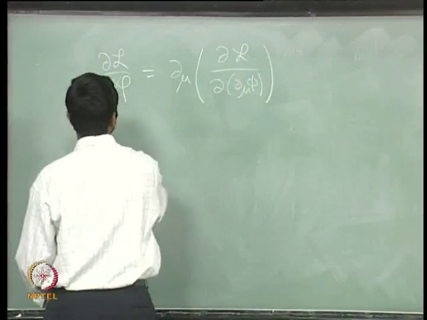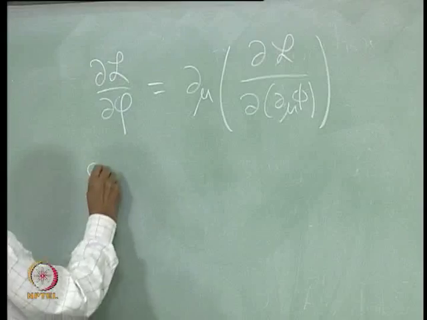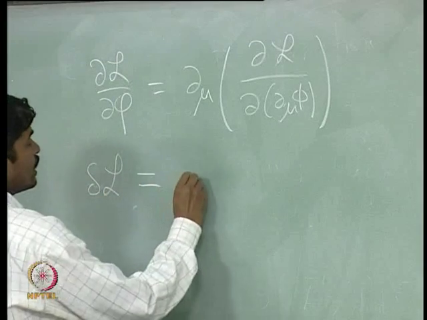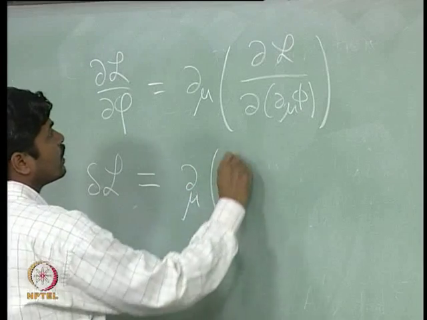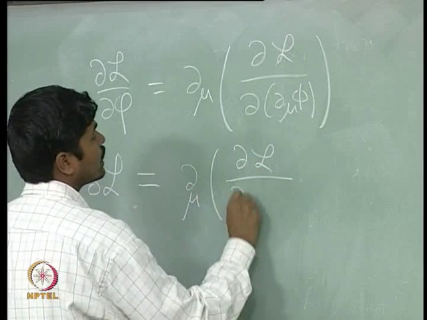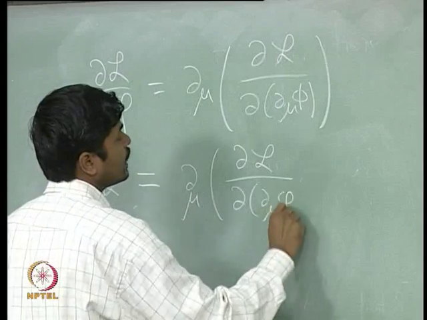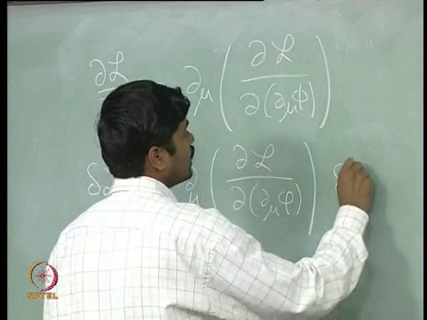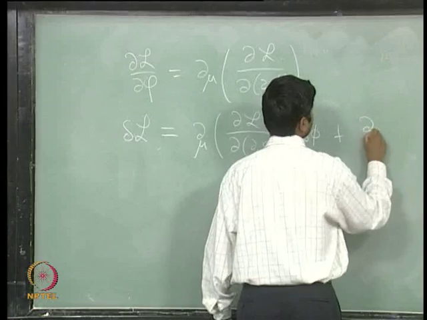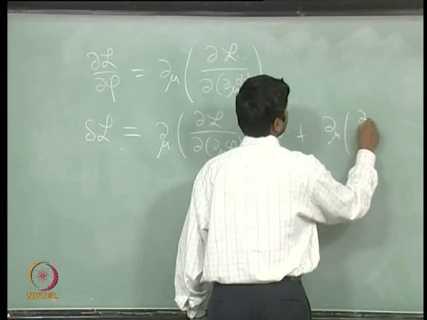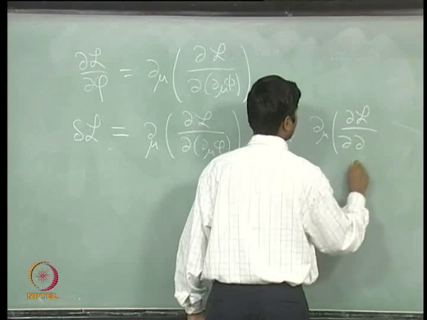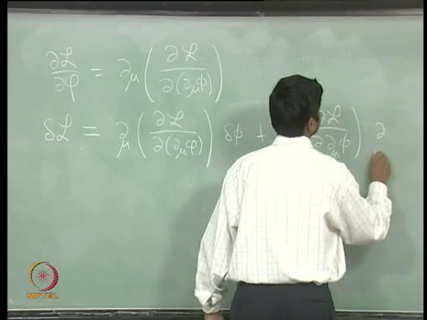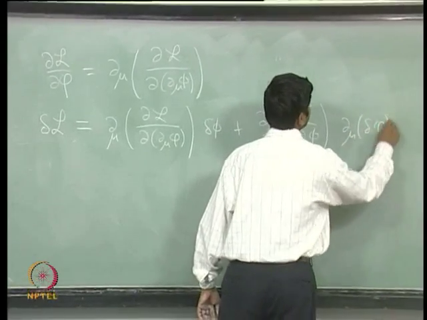So, this we will substitute in the expression for delta L to get delta L equal to del mu of del L over del mu phi delta phi plus del L over del mu phi times del mu of delta phi.